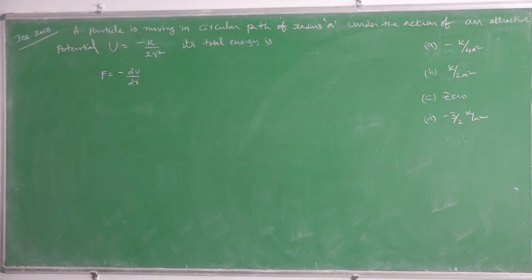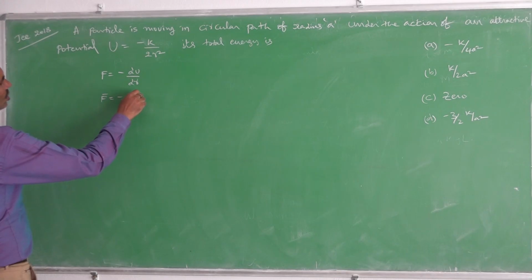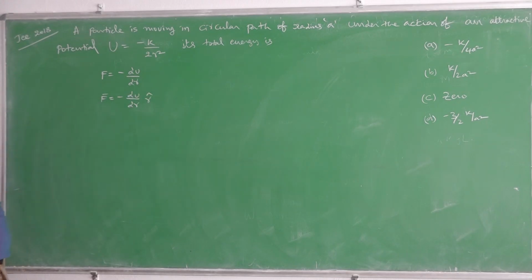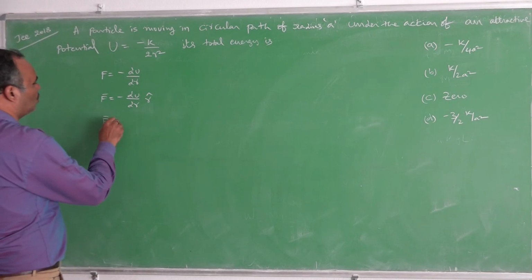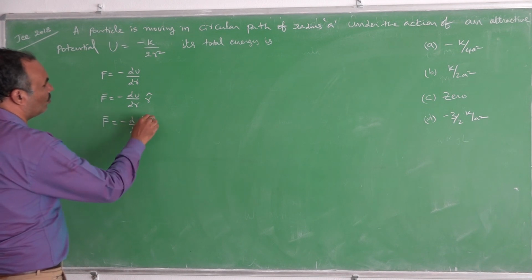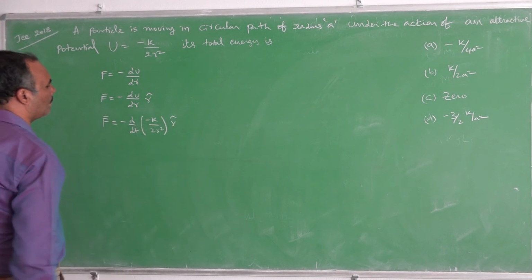And if you consider force as a vector, F bar can be written as minus dU by dr of r cap, unit vector in the direction of r bar. That is, force can be taken as minus d by dr of, as per the given question, minus K by 2r square into r cap.